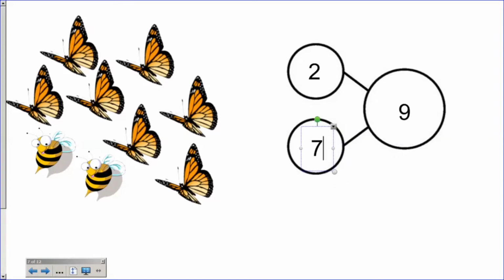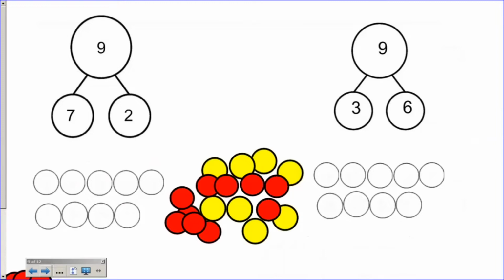So if you take a look at my number bond, in my garden, I saw 9 insects, 2 bees, and 7 butterflies. Very good.